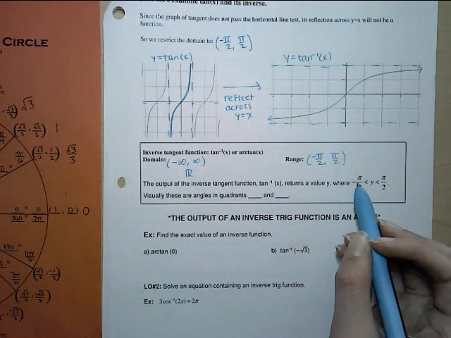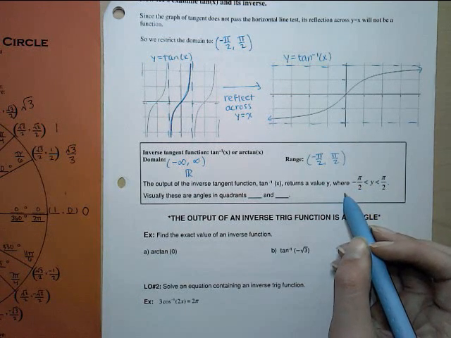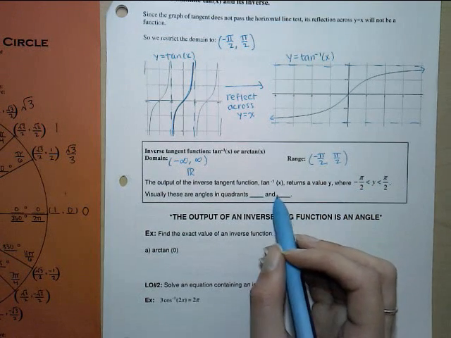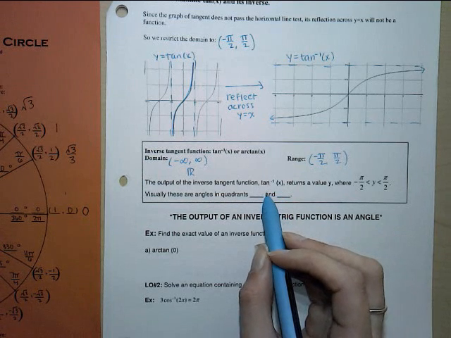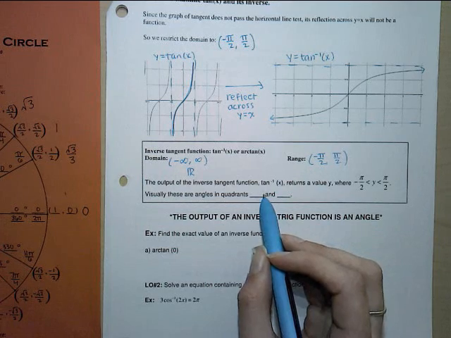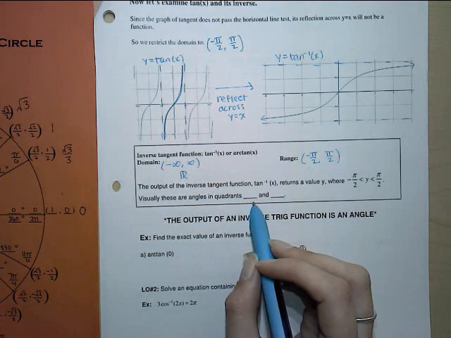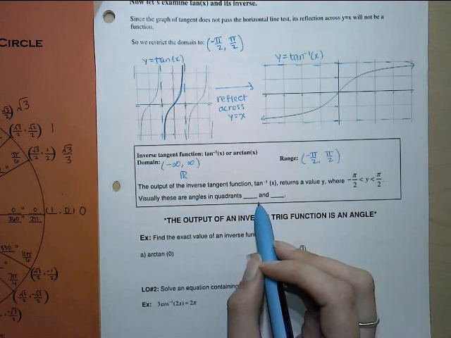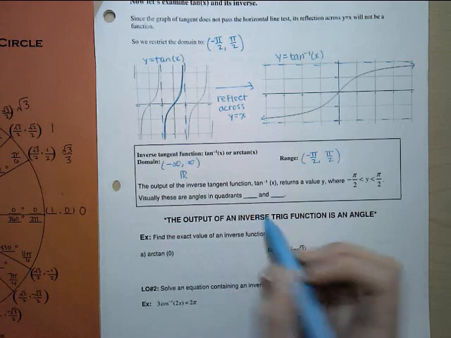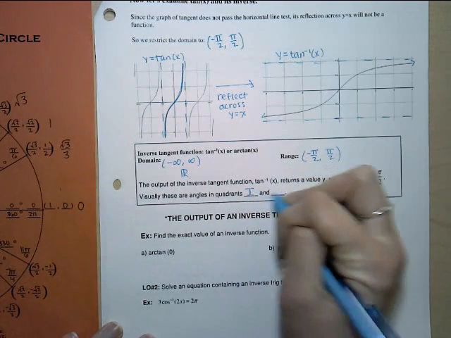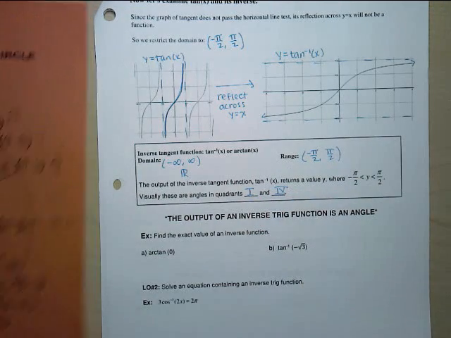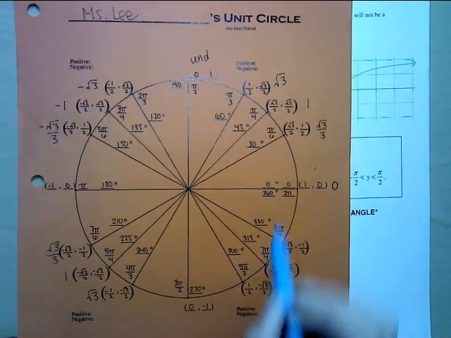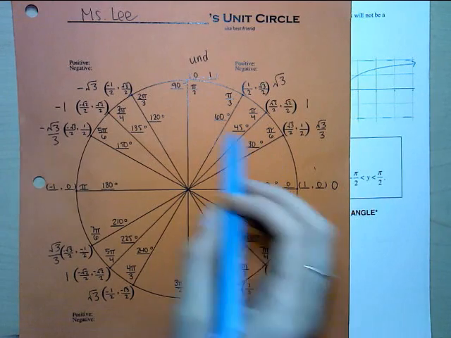Your answer for tangent needs to be between negative pi over 2 and pi over 2, but not included, because that's where tangent would be undefined anyway. So visually, these are the angles in quadrants 1 and 4. So same as sine, still between negative pi over 2 and pi over 2, so over here.